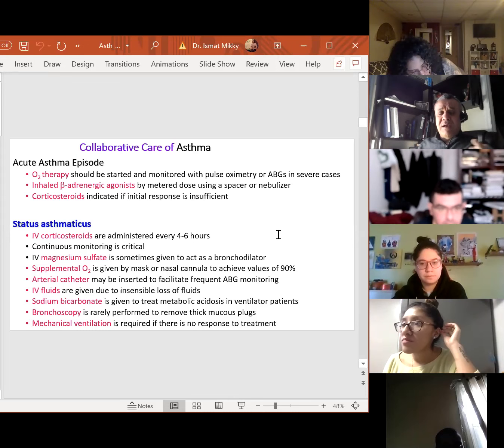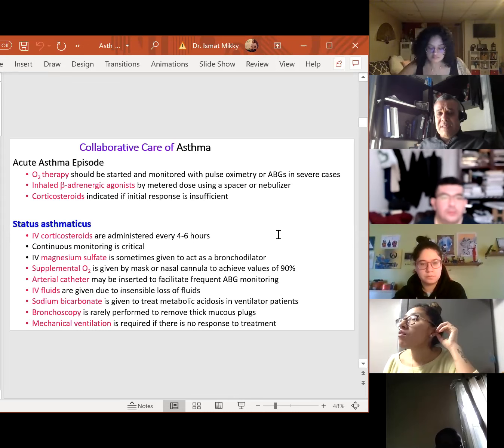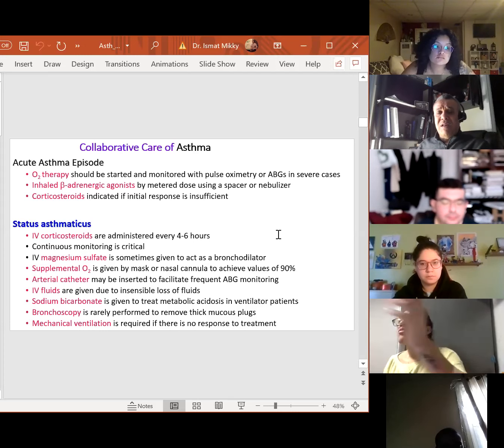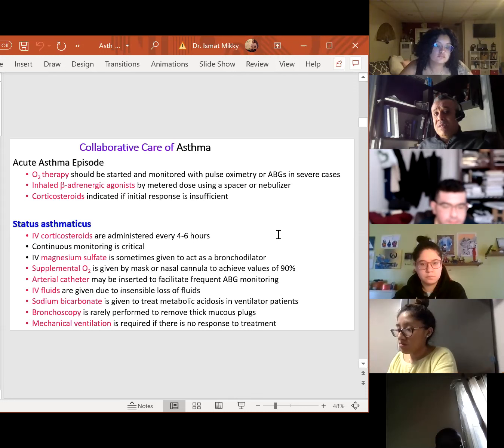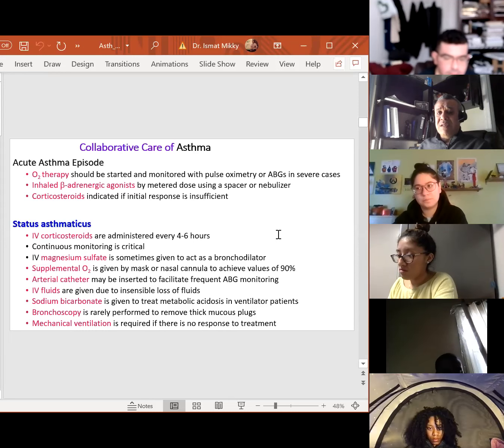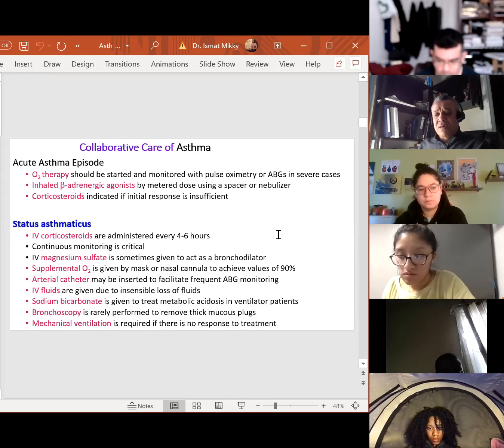During an acute attack, if the patient is not developing status asthmaticus, the steroid could be in tablet form, PO, oral. But when it is status asthmaticus, that is a severe life-threatening scenario, you have to give the steroids intravenously, in addition to intravenous magnesium sulfate and oxygen and the rest of the list here.